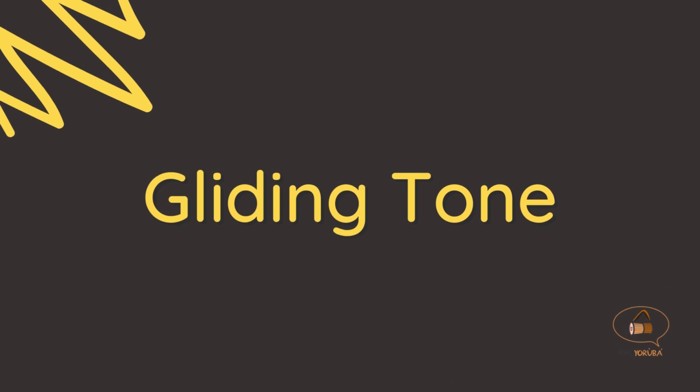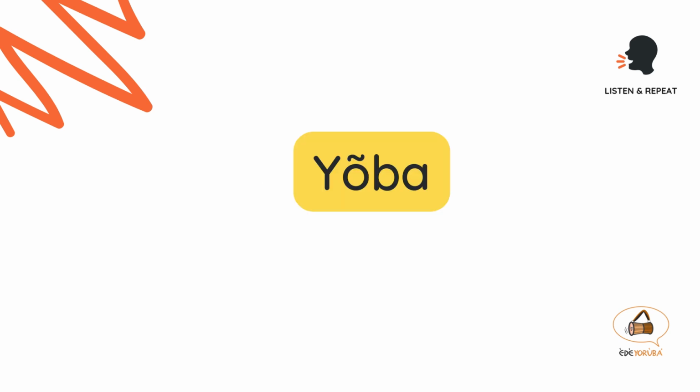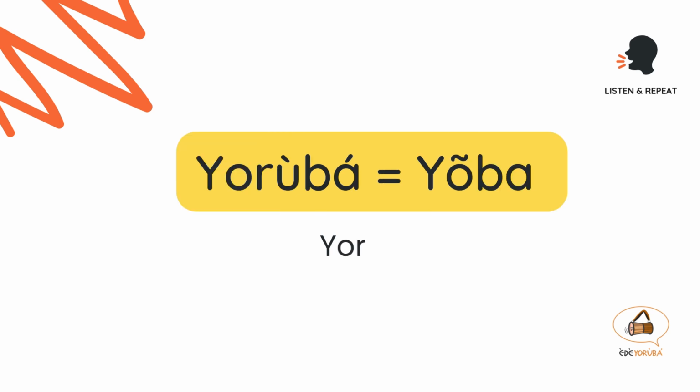Now, this one is just an extra. This gliding tone is no longer used. You might have seen it in some old Yoruba literature, and it was used to depict nasal sounds or when you contract two vowels together. And it is usually depicted with this mark. So you have Yoruba, which some people pronounce for the word Yoruba. You can see that tilde is on top of the O sound.